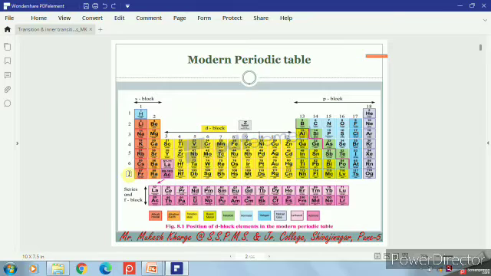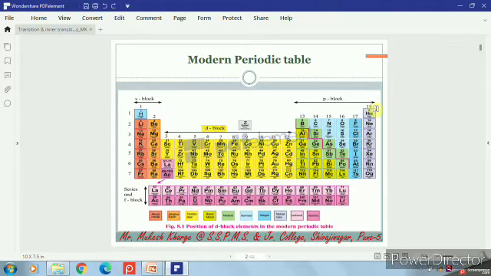As per IUPAC convention, a transition metal atom has an incomplete d subshell, or it gives a cation with an incomplete d subshell, and they exhibit properties between those of s block elements from group number 1 and group number 2 and p block elements from group number 13 to group number 18.